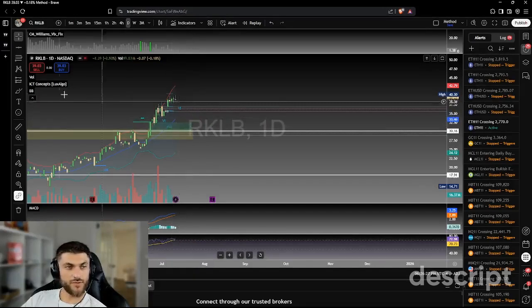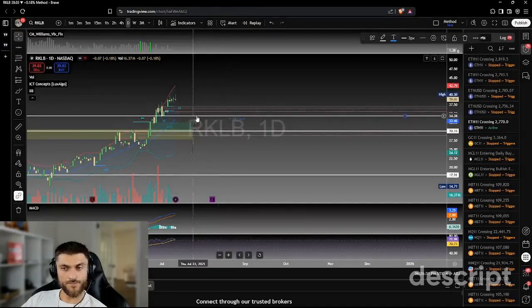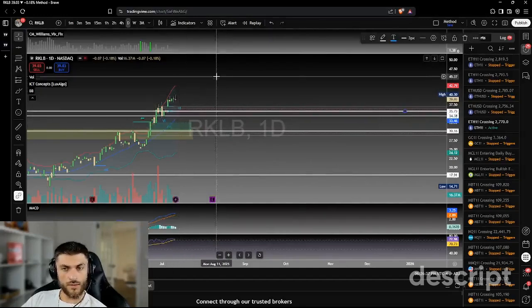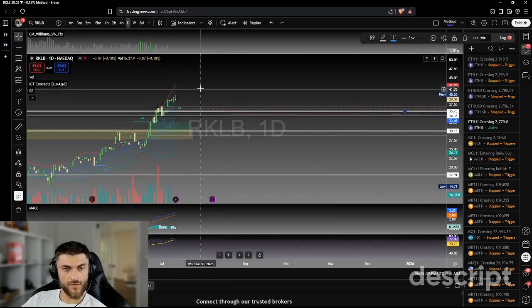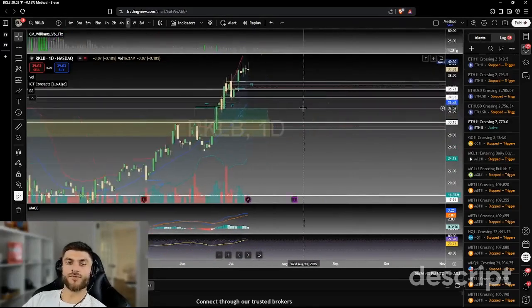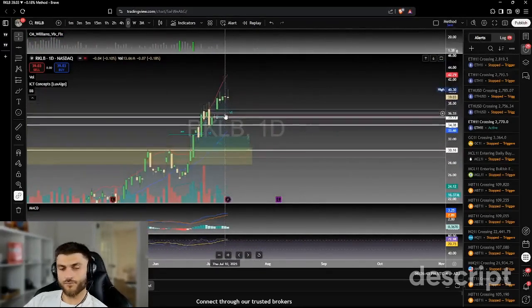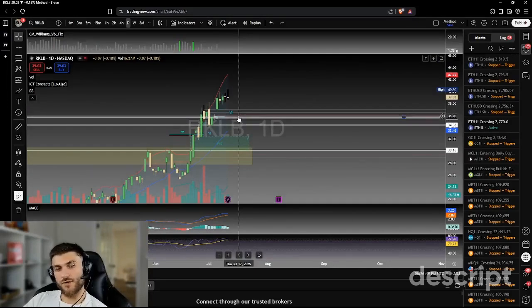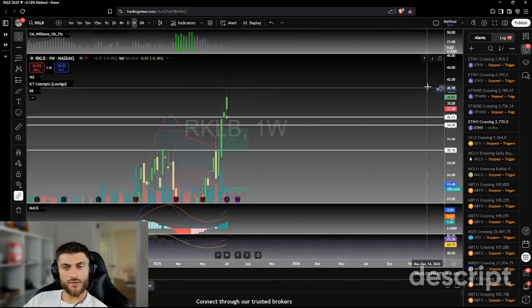I would be keeping an eye on 34.38 and 35.73 as areas that you would want this to hold. But if it does test this area right here and then consolidates, I would definitely be expecting another leg up.